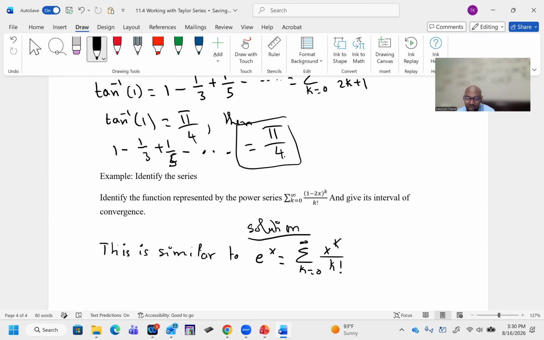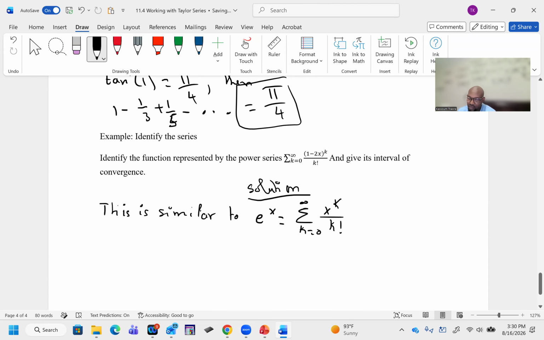And we know this series converges for negative infinity less than x less than positive infinity.